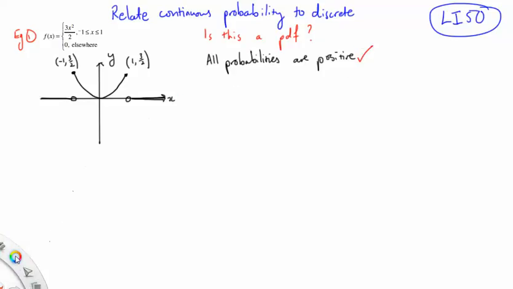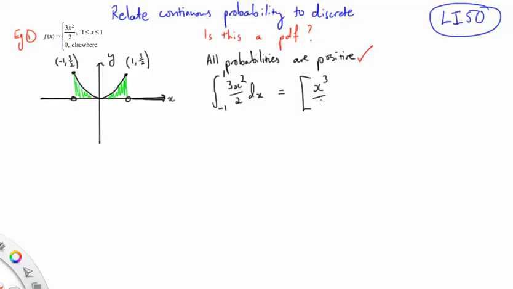Another thing, the area under the curve must equal 1. So this area here, the area under the curve, has to equal 1. Let's check this. We've checked condition 1. Let's integrate from -1 to 1, 3x squared on 2 dx. We add 1 to the power and divide by the new power.